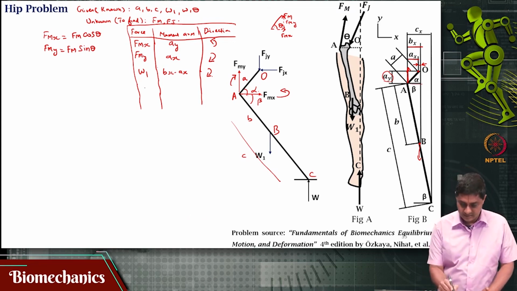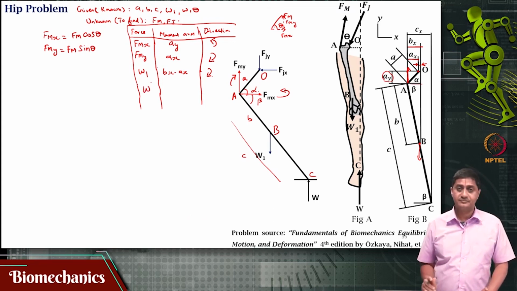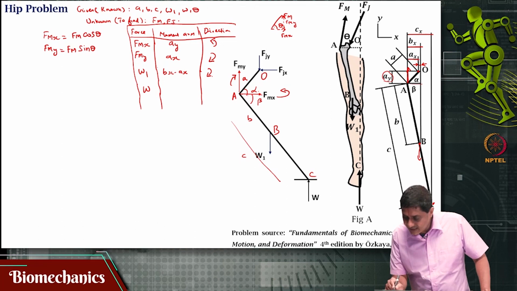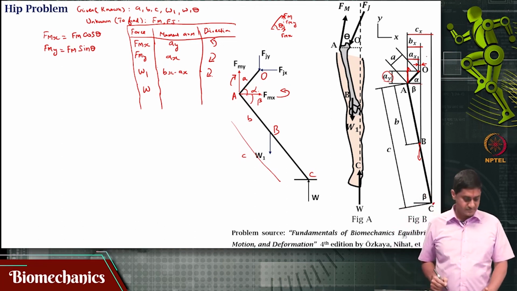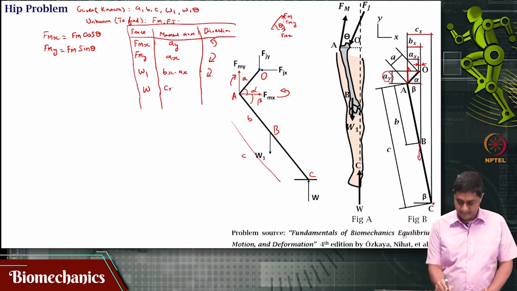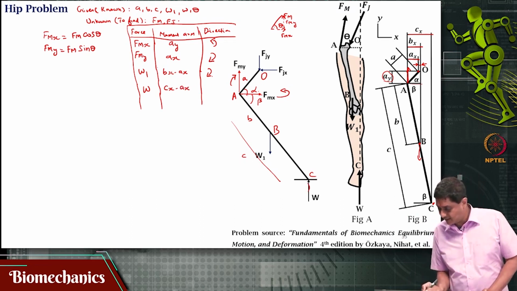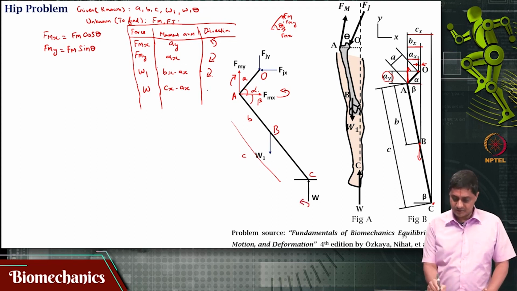Then what? Then W. W is acting at that point C, and that distance is Cx minus Ax. And that force is acting in this direction, so it will be causing a counterclockwise moment.